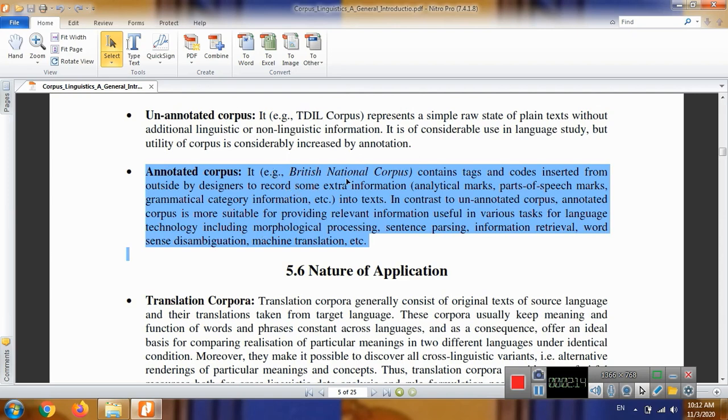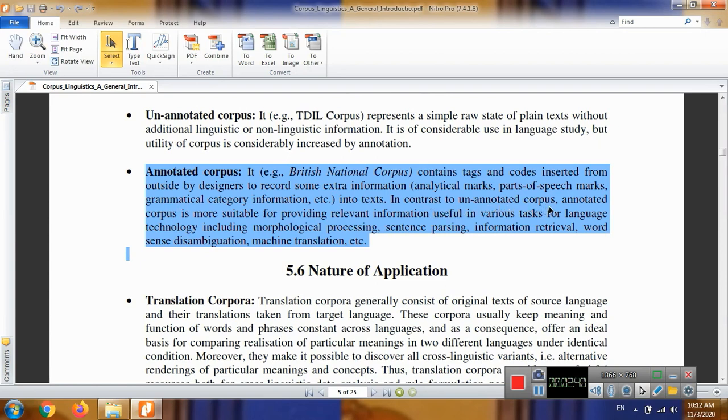The annotated corpus, like the British National Corpus, contains tags and codes inserted from outside by designers to record some extra information. This information can be analytical marks, parts of speech marks, grammatical category information, and other information in the text.